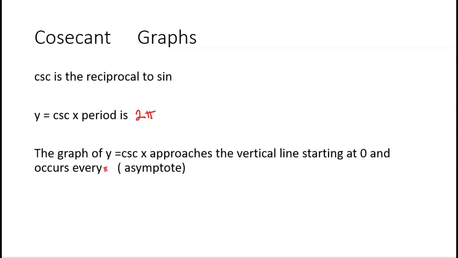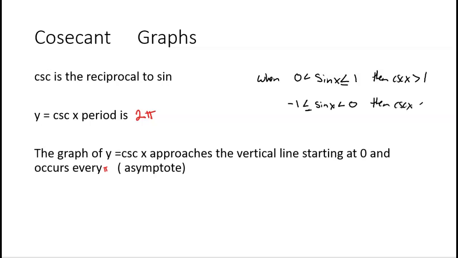The reason this is so important is that when sine is between 0 and 1, technically 1 can be included, then our cosecant is going to be greater than 1, because we flip all those fractions. And if sine is between 0 and negative 1, then our cosecant is now going to be smaller than negative 1. So that's why we're going to see those U shapes.